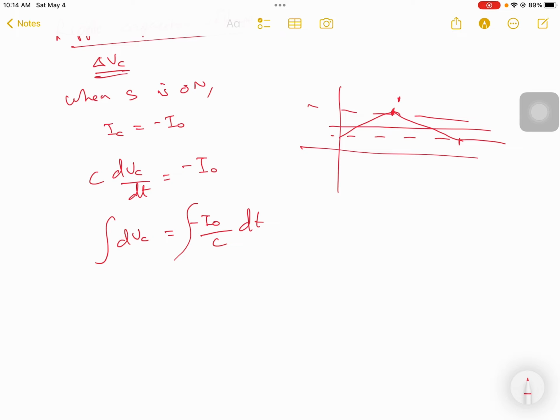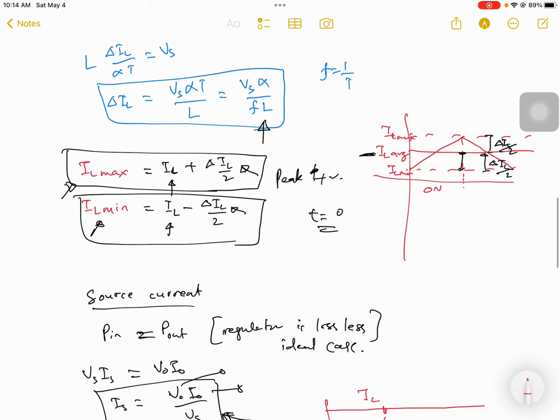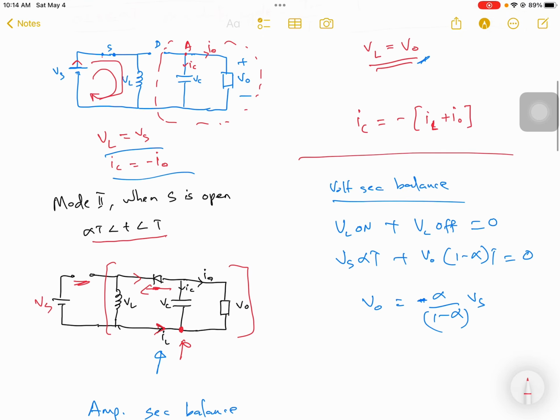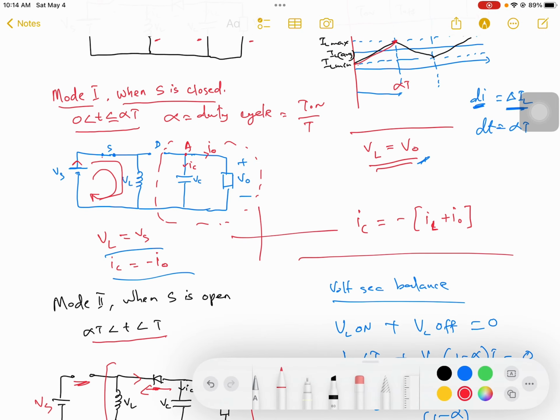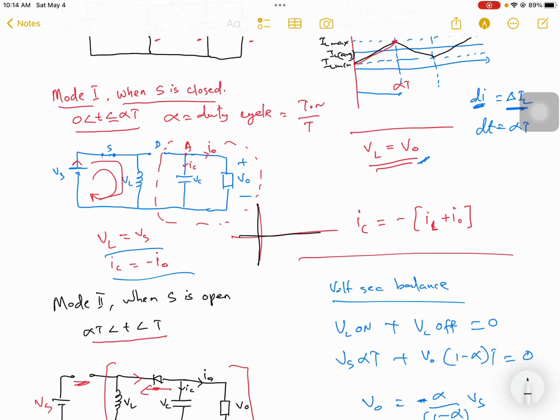That's why we have taken Vc max as the lower limit, and Vc min as the upper limit. And the time t is 0 to alpha T, it's something like this. So let me show you with the capacitor here. If you just plot the graph for this, initially, if you are considering at t equal to 0, your capacitor will not have any charge.